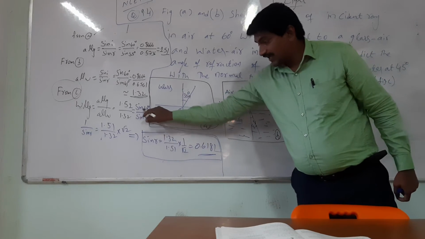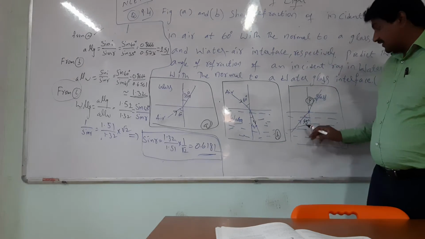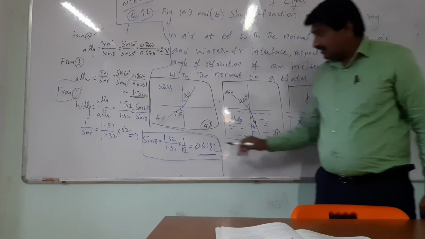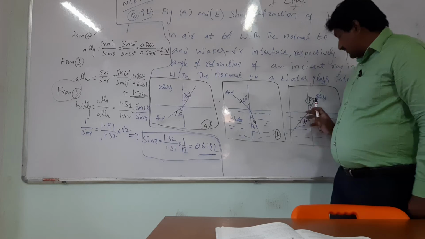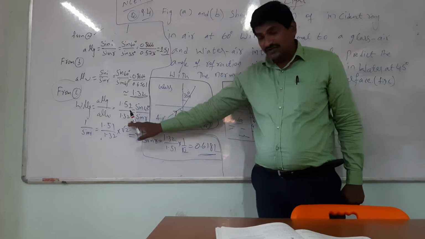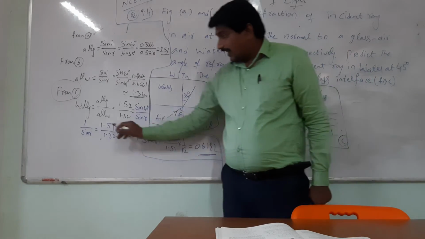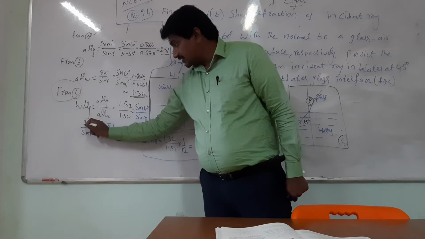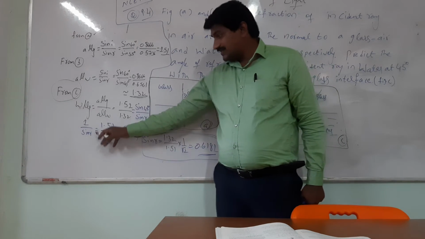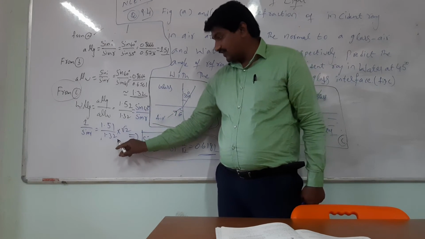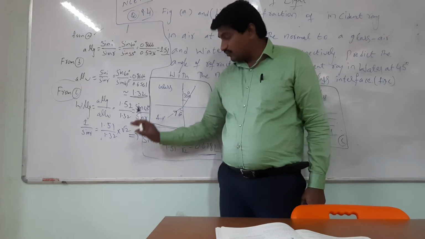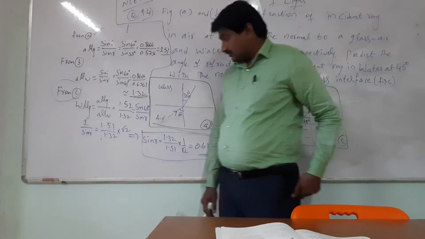Therefore, sin 45 I have written here. Then for the refracted angle I have written sin r only, since we need to find sin r. So I wanted to make sin r the subject. Therefore, 1.51 by 1.32 equals sin 45, which is 1 by root 2, divided by sin r.